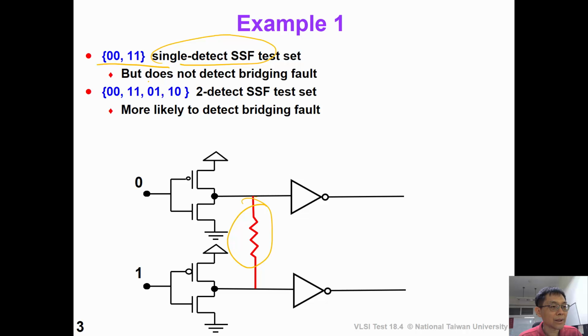But this single detect test set cannot detect this bridging fault. Suppose we apply a double detect single stuck-at fault test set, which is 0011, 0110. In this way, it's more likely that we can detect this bridging fault.